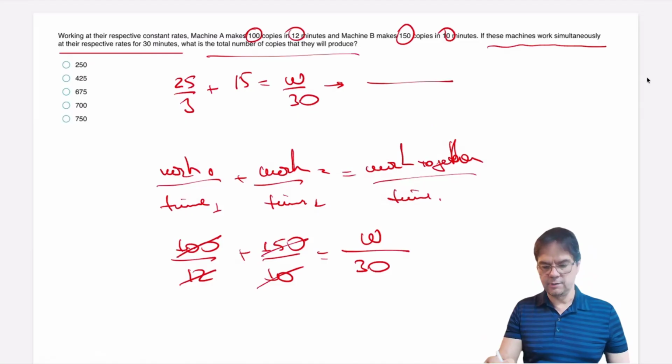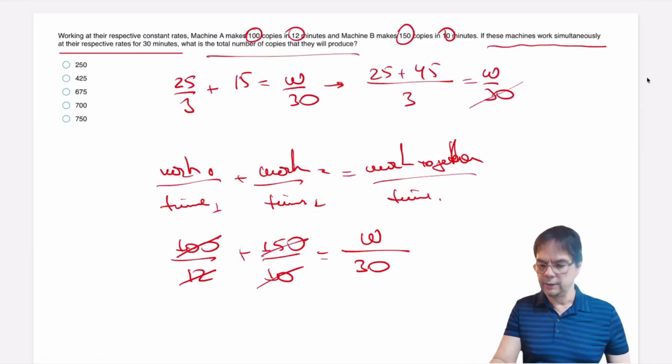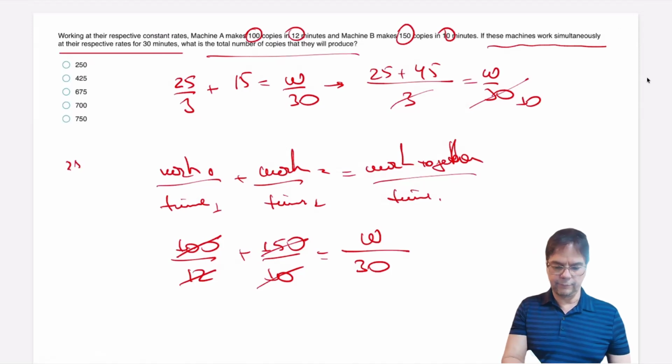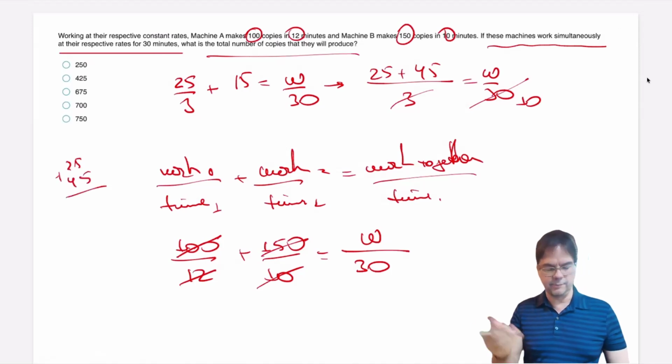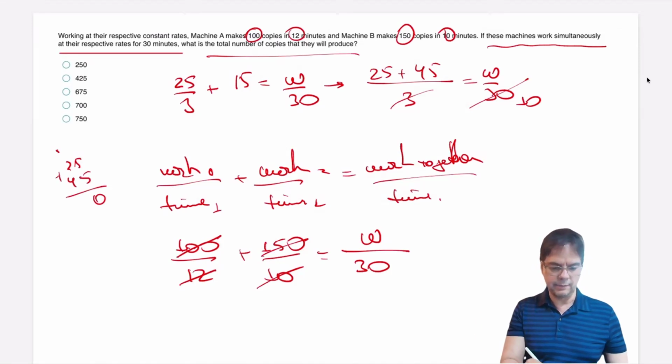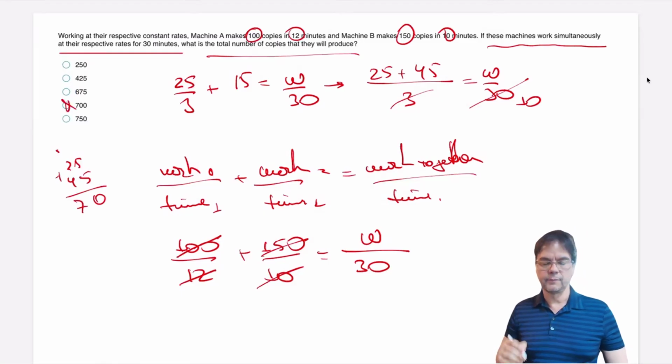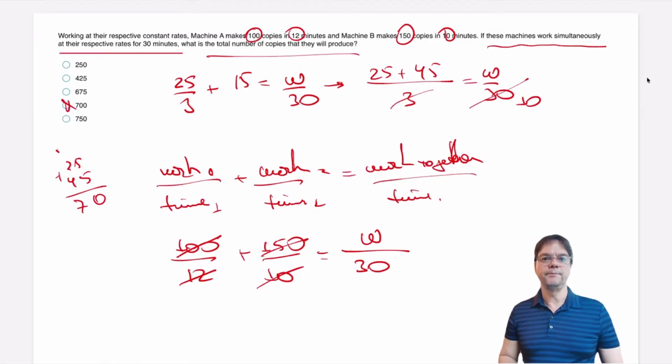I think it's easier to do the calculation. Least common multiple 3, so 25 plus 45 is equal to W over 30. I need to do this because I always fail. 70 times 10 is 700. Is that okay? 700 of the job.